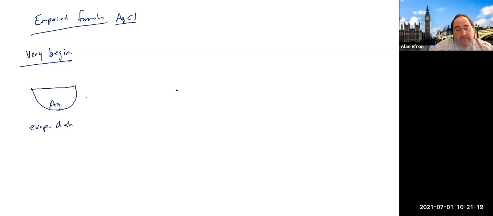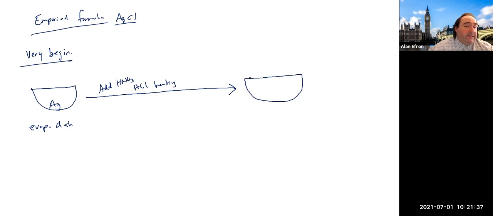After we go through all of our processes of adding the HNO3, the nitric acid, adding the HCl, heating, weighing, cooling, at the very end of the experiment, when it's all said and done, and again, if you look at the table, silver chloride after first heating, after second heating, after third heating, and so forth, once we hit constant mass, what we have left in the evaporating dish is silver and the chloride together.